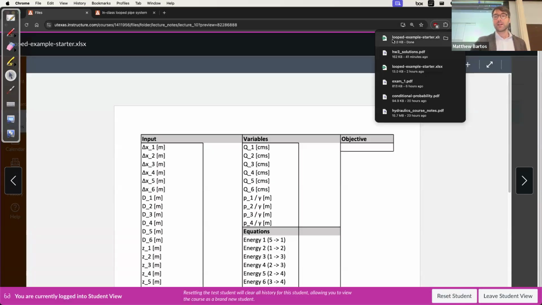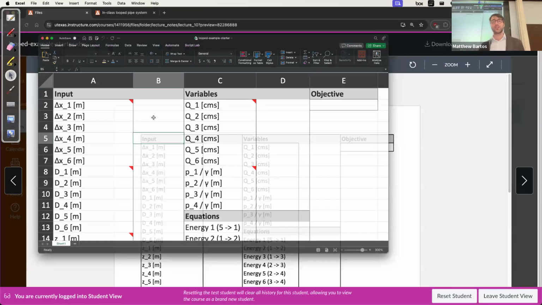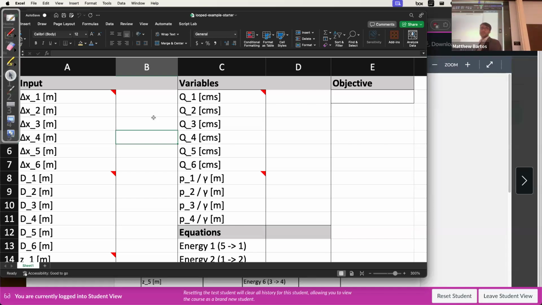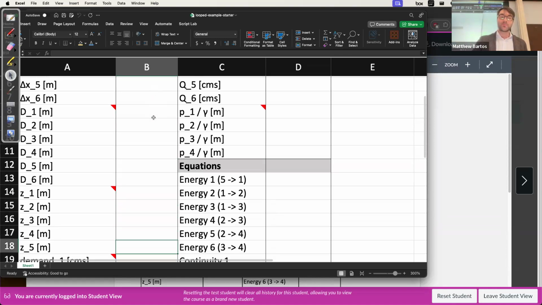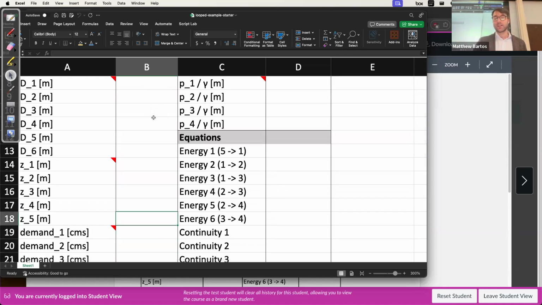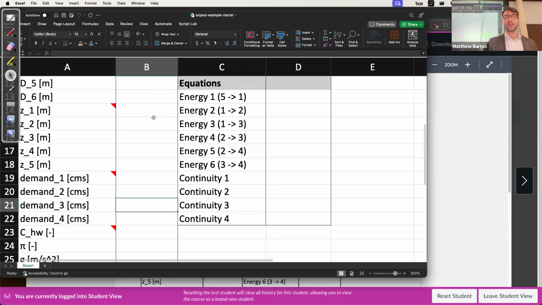It looks big, but just start by filling in the different cells. The first 6 rows here are just the length of each pipe. The next 6 rows are the diameters of each pipe. The next 5 rows are the elevations of each junction, where 5 refers to the reservoir. The next 4 are the demands at each node.